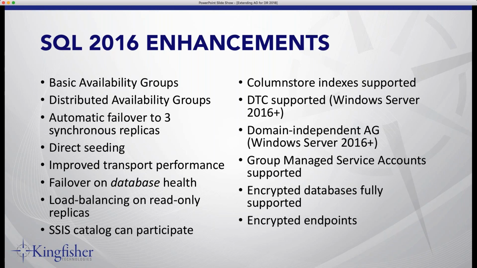You have a really cool ability called direct seeding. In early versions, you had to actually create the database on your secondary server from a backup and then point the availability group at it. With SQL 2016, they enabled direct seeding, which allows that to happen just when you add the database to the availability group. You don't have to have any intervention.